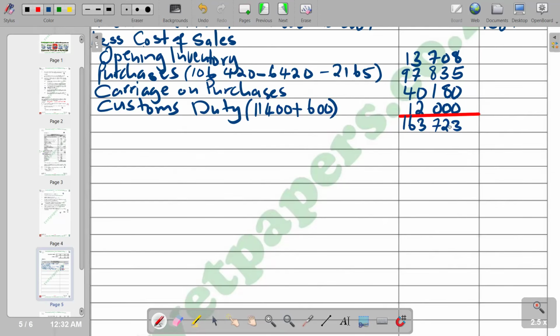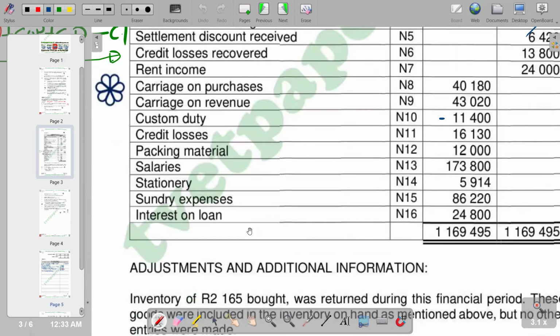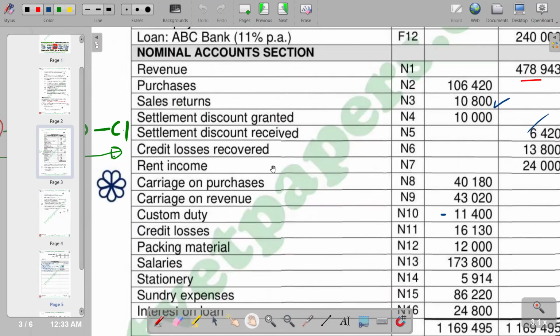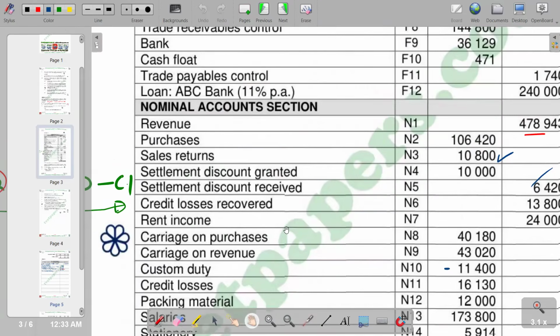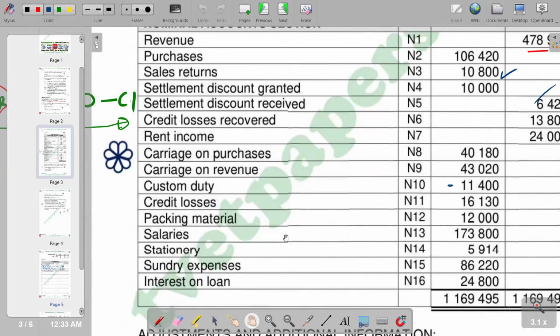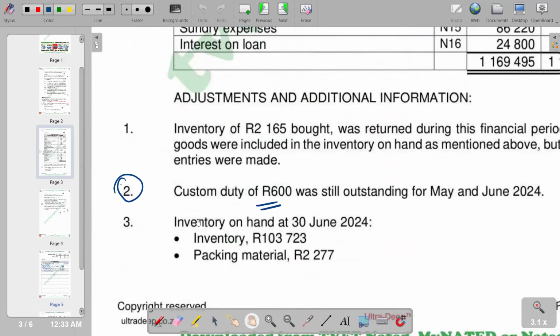So with that now, we can subtract, or say less, our closing inventory. And remember, our opening inventory, we got it in the pre-adjustment trial balance. And our closing, we should see it in the additional information. You see that additional information number 3 is saying inventory on hand at 30 June 2024.